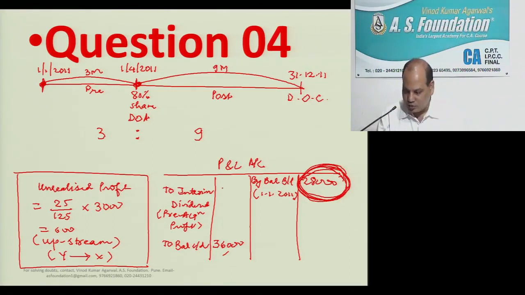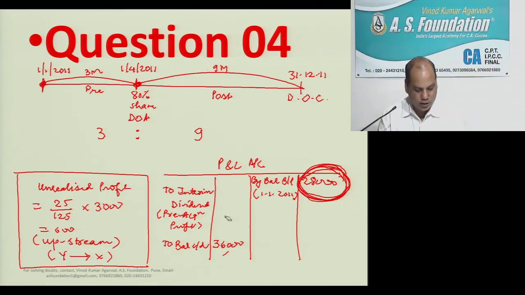10%, but should I write here 10%? You only said 10%. You have to quantify in monetary terms. Accountant means money terms. Anybody wants to give me a figure here? 3,750, 5,000, 6,000, 5,000. Who has paid dividend?